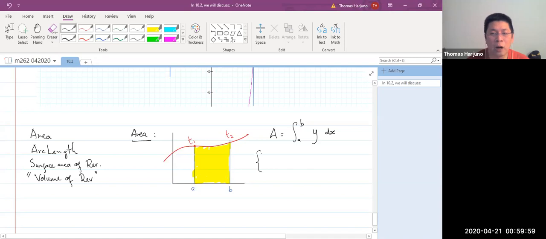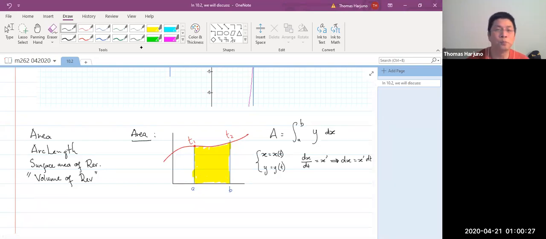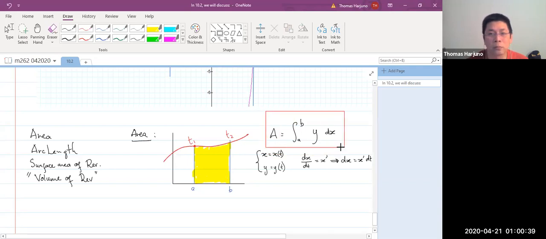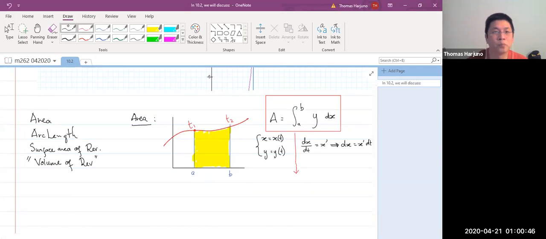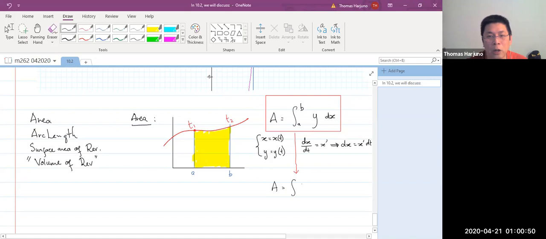Now, notice that our x is a function of t, and our y is also a function of t. So what is the dx? dx/dt equals x prime, right? Now then we can substitute our dx later on as x'(t) dt. Okay, so here's the thing. Our formula here, after substitution, becomes A equals the integral of y now as a function of t instead of a function of x.